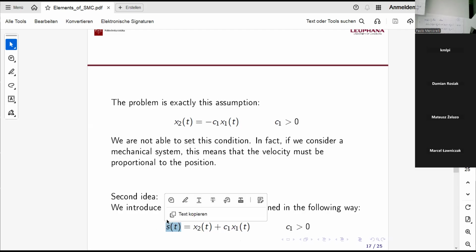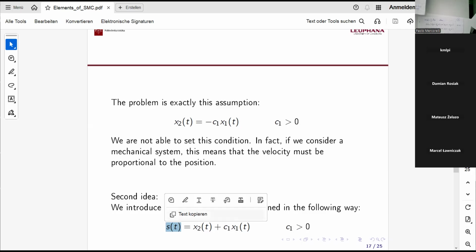This is done inside the microcontroller. It is a virtual way to generate x2 equals minus c1 x1, not physically with a sensor or controller, but just in software form.